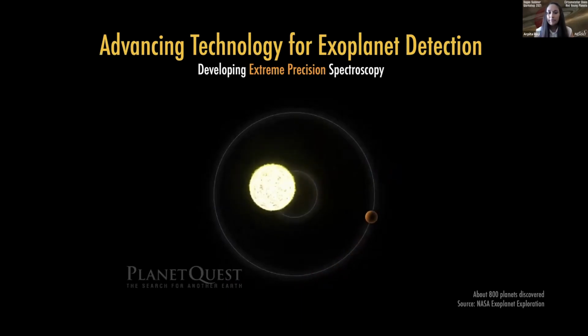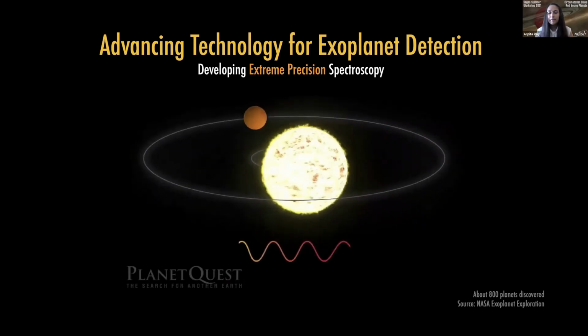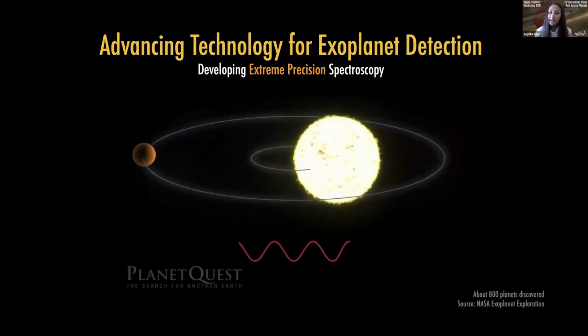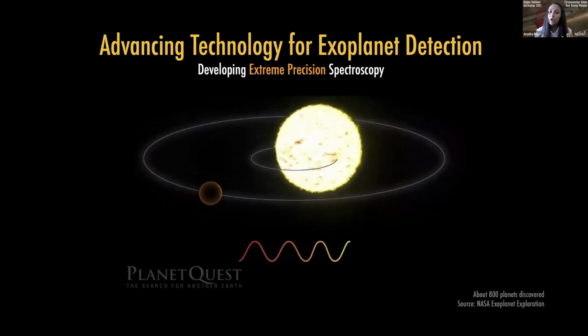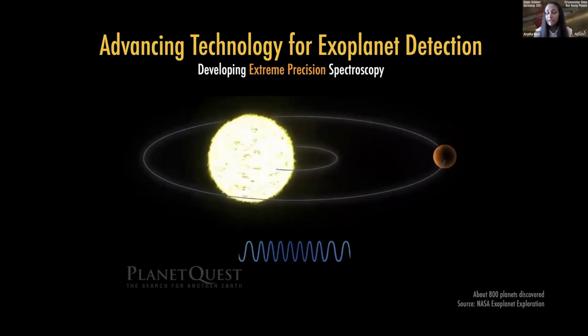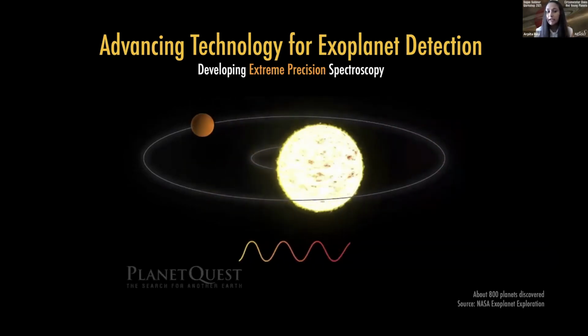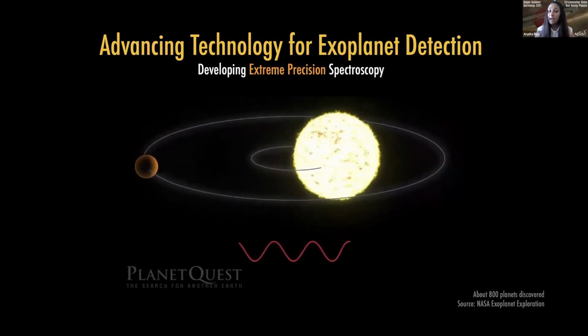So let's talk a little bit about the fundamental concept of the radial velocity technique. The main idea here is that both the planet and the star are orbiting a common center of mass. So the presence of the planet has an influence on the star. While we cannot see the planet directly in this method, indirectly we see its gravitational impact on the star.